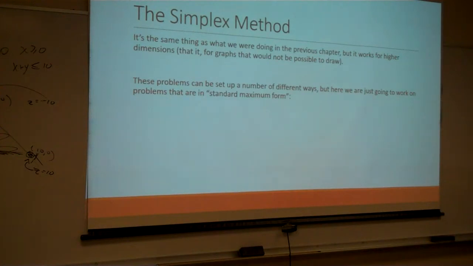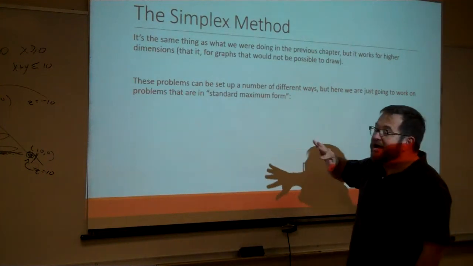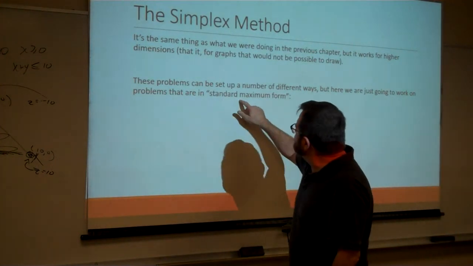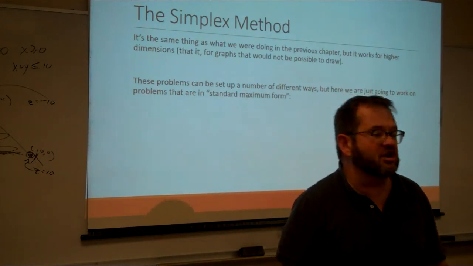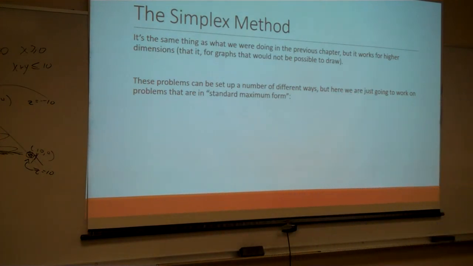So here's the deal. Over the course of a few days, once we get this whole business of the simplex method figured out, we will be doing other ways of doing programming problems, but everything we're doing now is going to be in what's called standard maximum form.